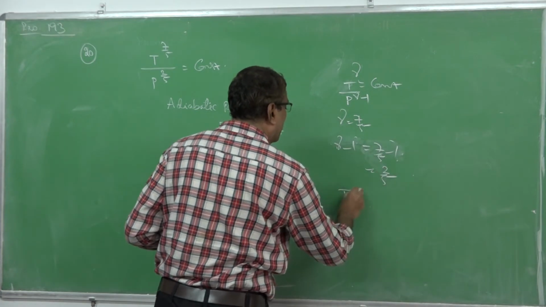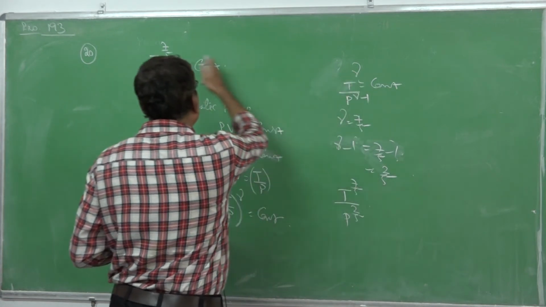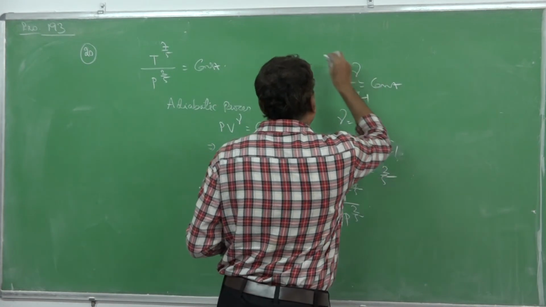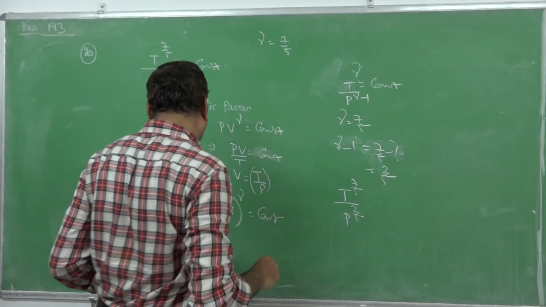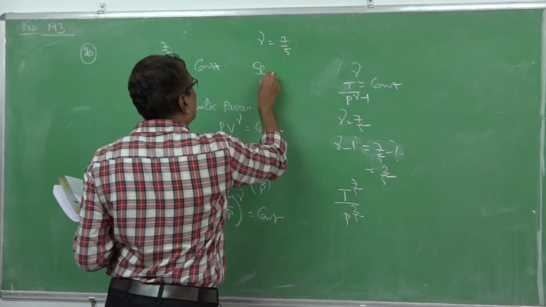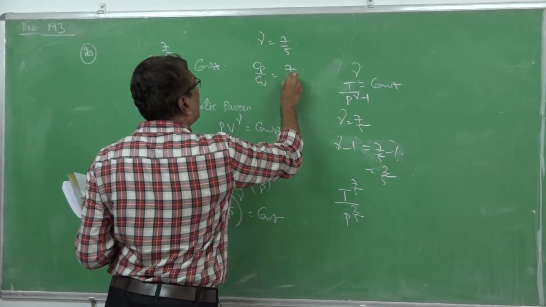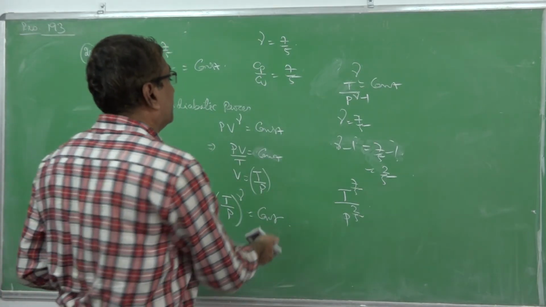So T power 7 by 5 by P power 2 by 5. That means gamma is 7 by 5. Therefore, we got gamma equal to 7 by 5. Now 7 by 5 means Cp by Cv is 7 by 5. Now we have to calculate Cv.